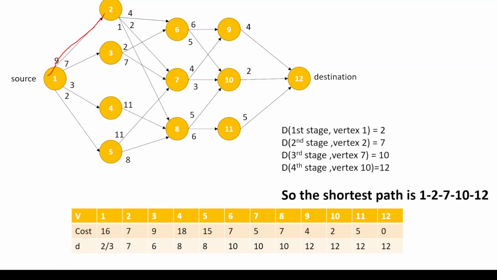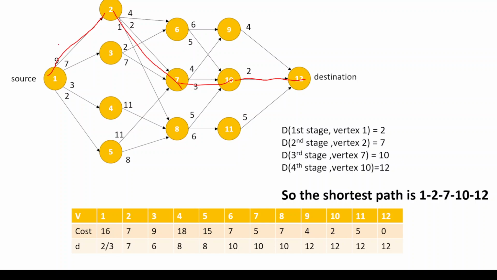From 2 it says go to 7. From 7 it says go to node number 10. From 10 it says go to 12. So this is the path to reach the shortest distance: 1 to 2, 2 to 7, 7 to 10 and 10 to 12.